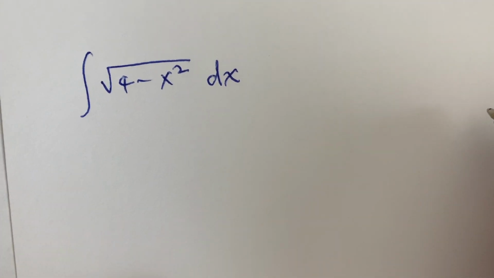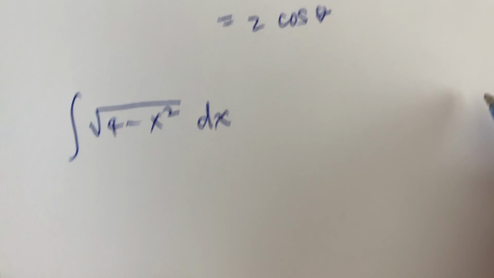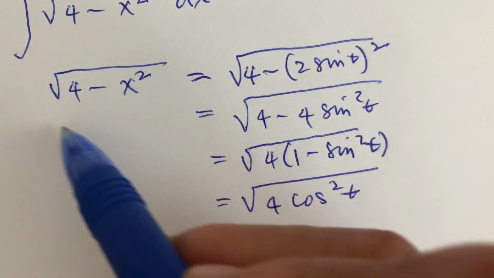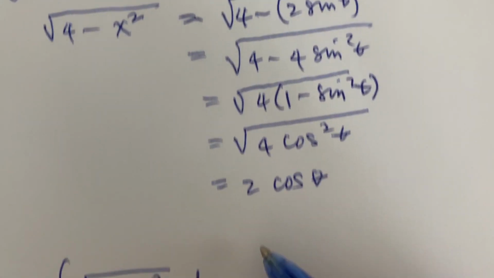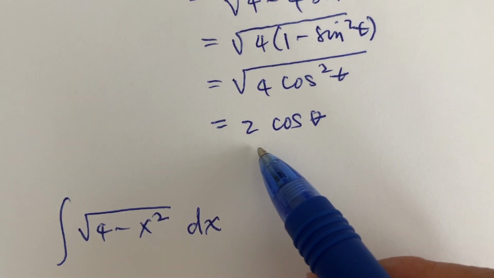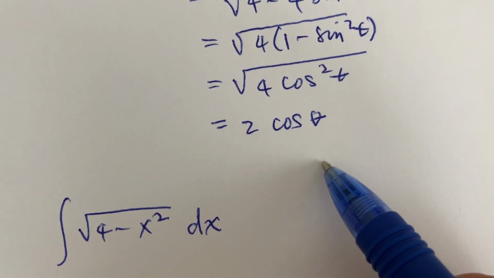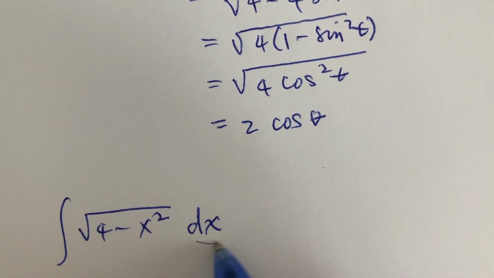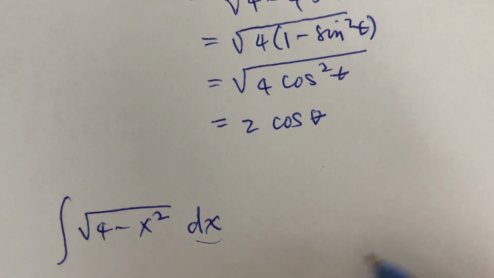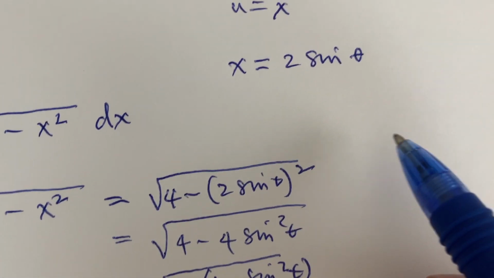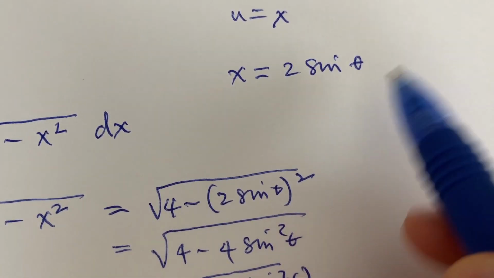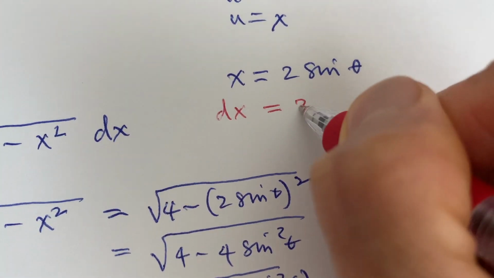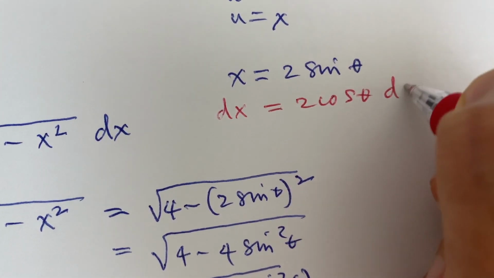Okay, in the previous segment, we showed you how we changed the square root of 4 minus x squared to an expression without the radical sign, and that simply became 2 cosine theta. In this segment, we are now going to replace the x by also a trigonometric function. Knowing that our x is 2 sine theta, then our dx is 2 cosine theta d theta.